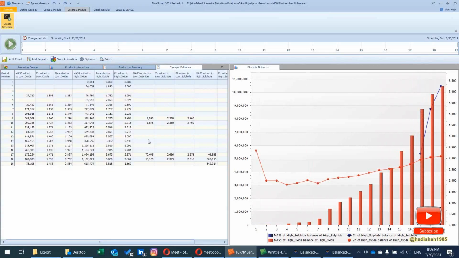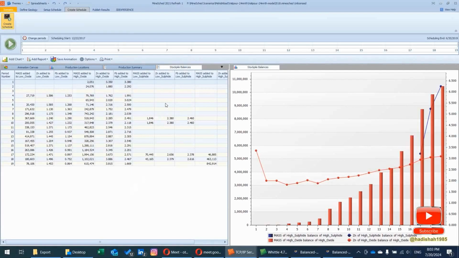Also, stockpile balance is one of the main important results that we can get from tactical planning, also in strategic planning, and in operational scheduling or planning.